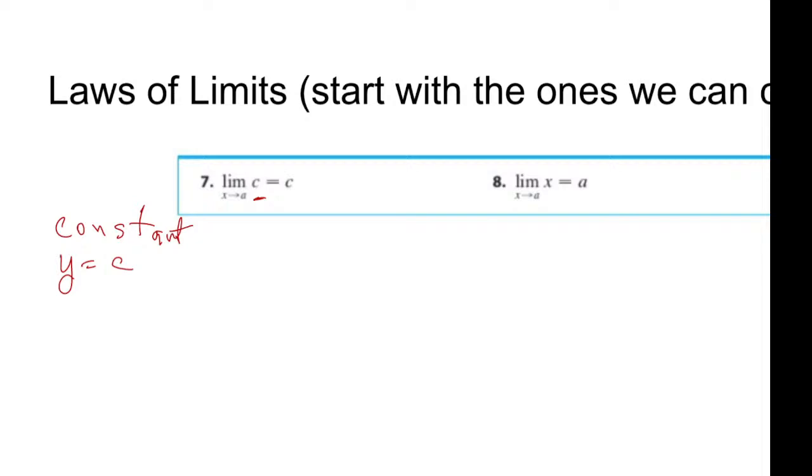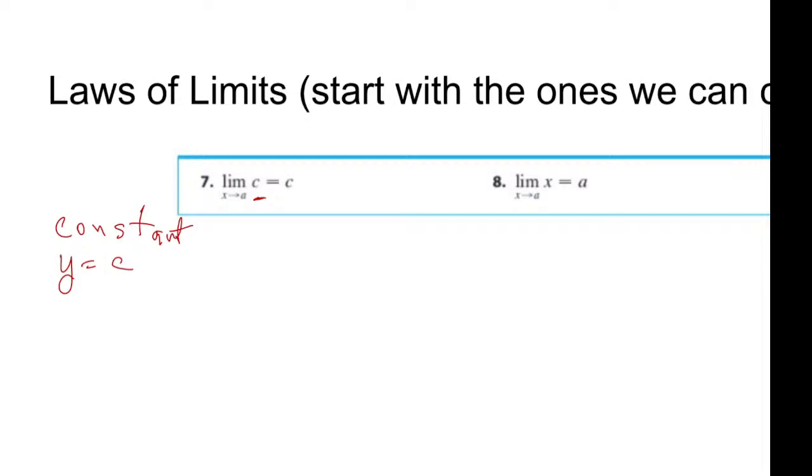But when we think about limits, it's not really what's happening at that value. It's not what's happening at a, it's what's happening as we get close to a. Someone came up and said, if I just plug in the value, I get the right answer anyway. Yes, a lot of functions work that way, especially when they're continuous.